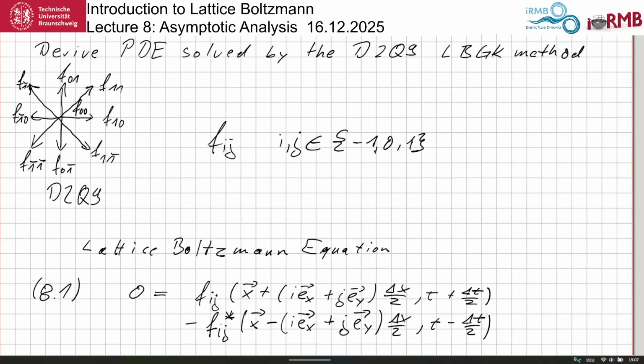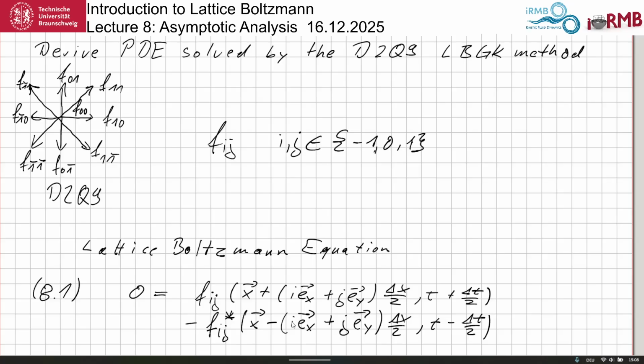So this thing is what we call the lattice Boltzmann equation, and for this given discretization this is always true, independent of the collision operator, for example. Because we just compare the post-collision state and the pre-collision state, and we don't say anything about how they came into existence.